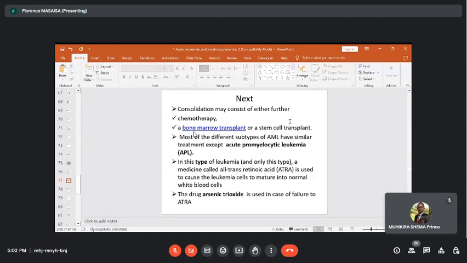Bone marrow transplantation again may be given, except for acute promyelocytic leukemia, which responds very well to retinoic acid. The translocation between 15 and 17 has a very good prognosis. They respond very well to ATRA, which is all-trans retinoic acid.